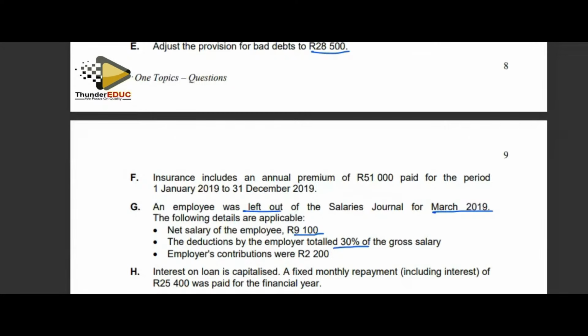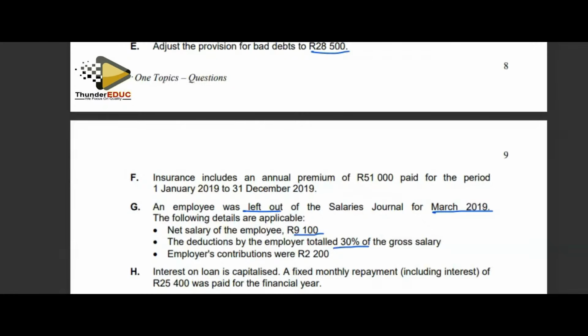Okay. Let me see. 2,200 plus 1,100. Gives us that. 30%. 330.